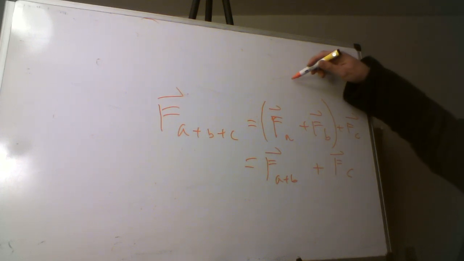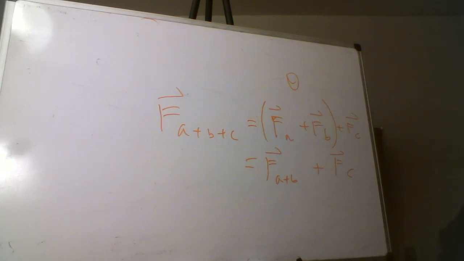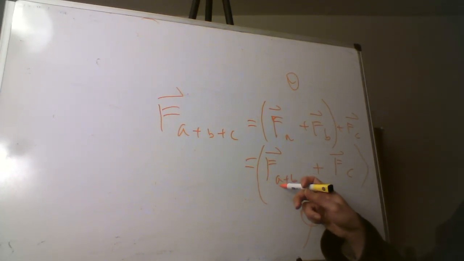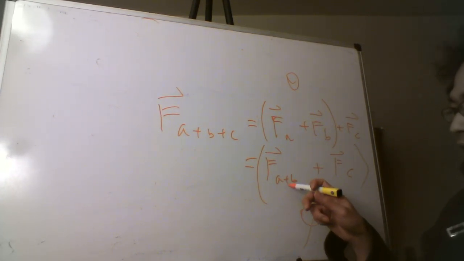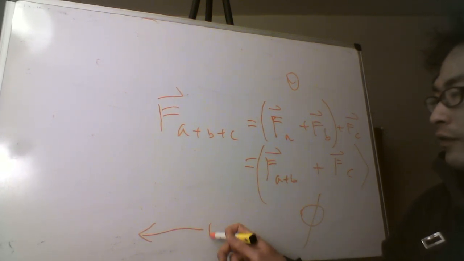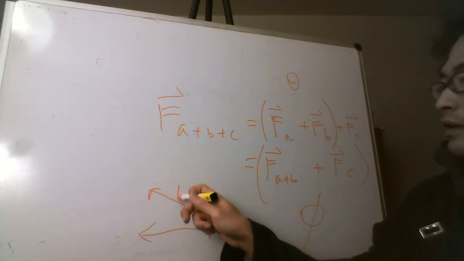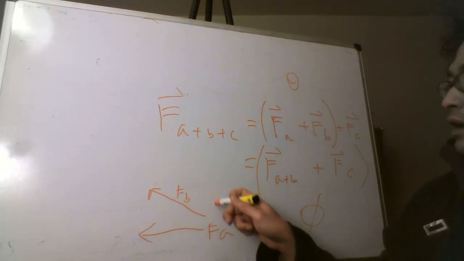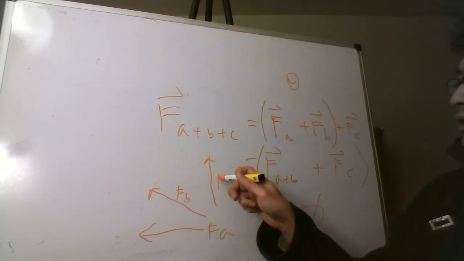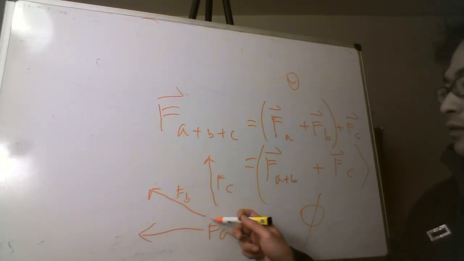And we call this theta the angle between f of a and f of b, okay? And we call this angle phi, okay? The result vector, summation vector, f of a plus b. Okay, we have f of a, f of b, f of c. Now we sum f of a and f of b together, okay?